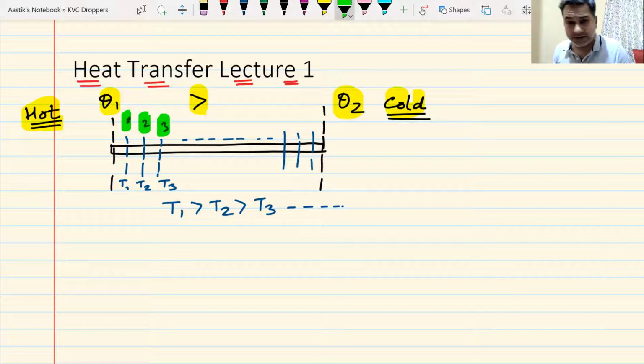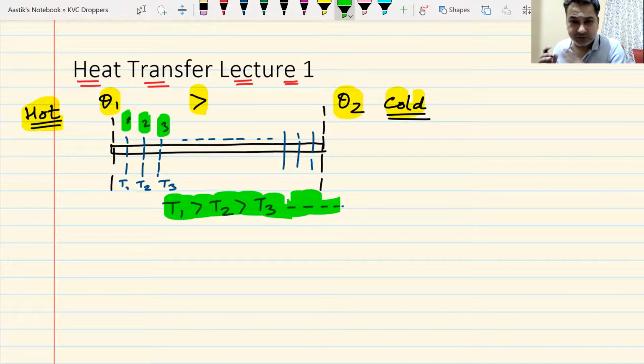Now, what happens? As soon as I fix the rod between the hotter end and the colder end, the different sections 1, 2, and 3 will start getting heated up. This temperature T1 will be more than T2, will be more than T3, and so on. So basically, temperature will change from the hotter end to the colder end.